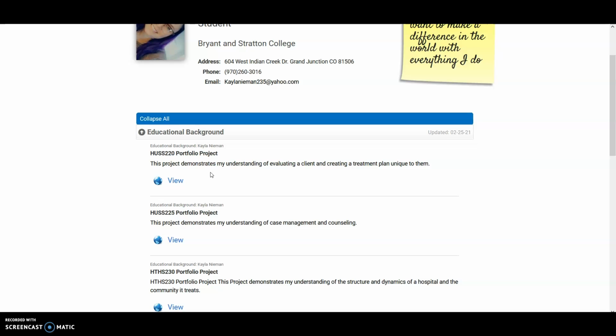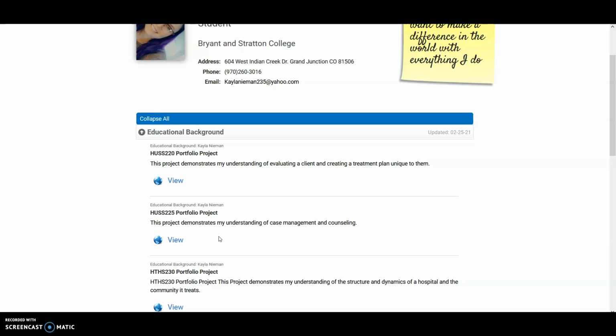The next portfolio project that I chose to add to my MyCred profile was the CAPS225 Portfolio Project. The outcome that I attached to this one was demonstrate an understanding of human conditions and factors which present societal challenges as well as those that promote successful human functioning.